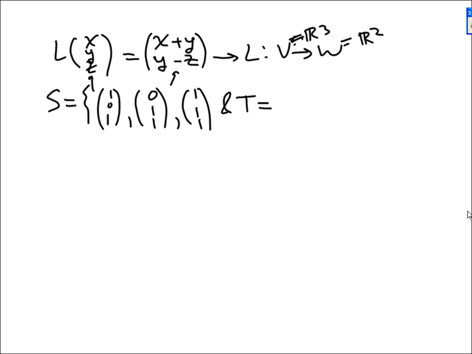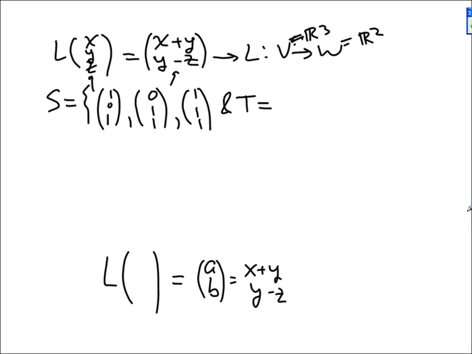Now, just for the record, of course this one is onto. Because what would you take L of to get a, b? Well, remember, this is supposed to be x plus y, y minus z.